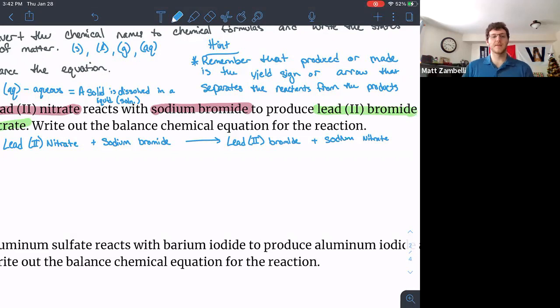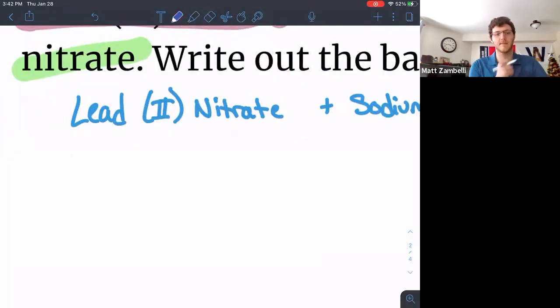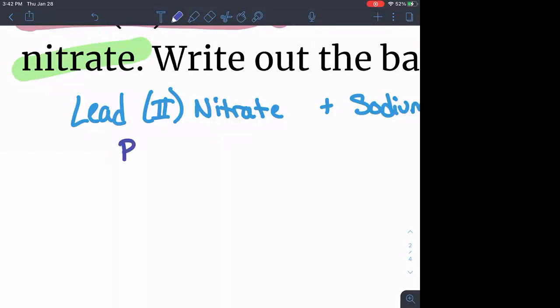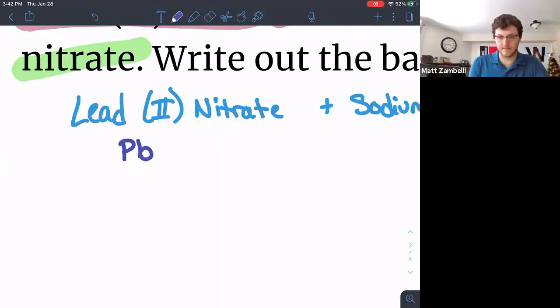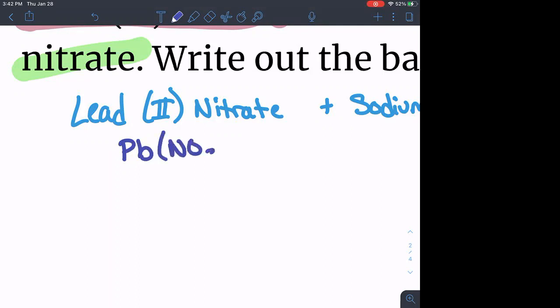All right, did anybody come up with the chemical formula for lead 2 nitrate? I think it's Pb, and then in parentheses NO3, and then outside the parentheses 2.